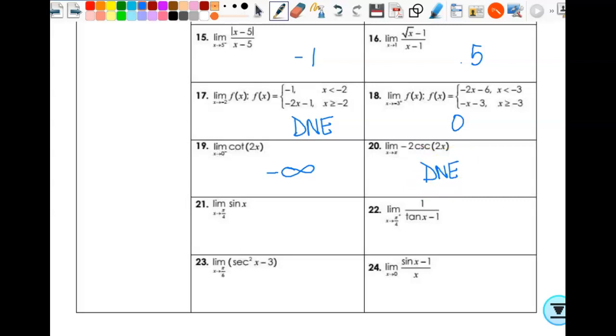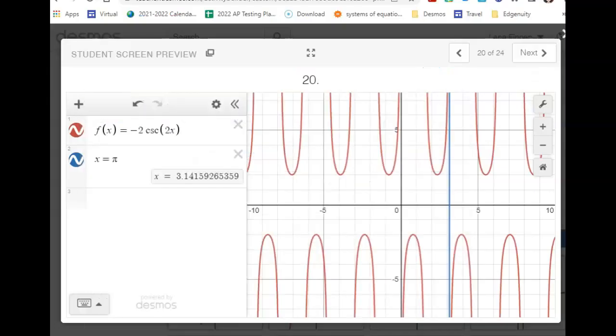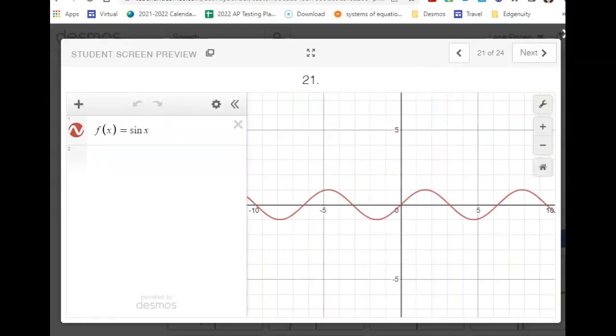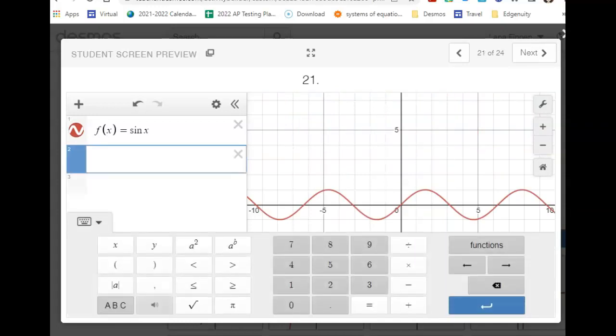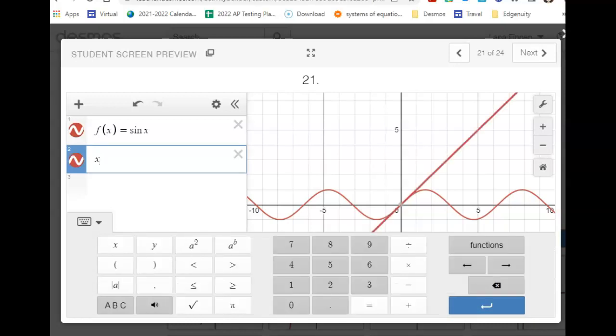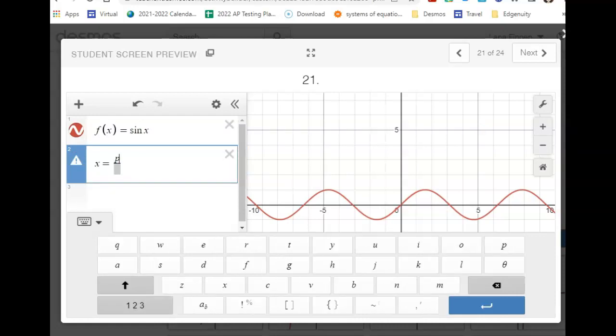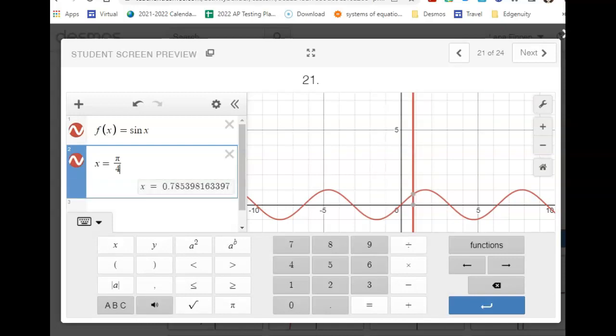Then I want the limit of sine x as x approaches pi fourths. So on this one, let's go ahead and we'll just put in a line again. We'll say x equals pi fourths.